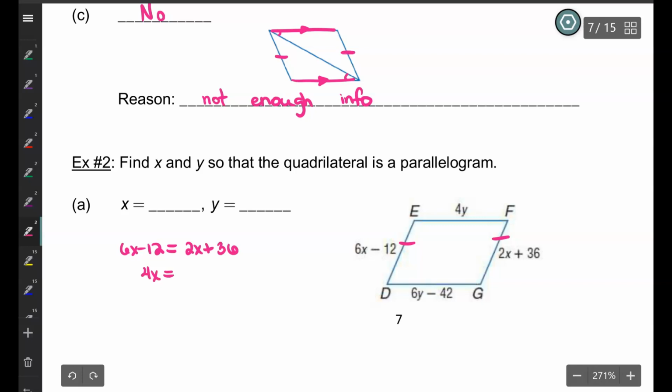Again, you can always pause it and see if you get the same answers as me for practice. I get x equals 12. And then for the other two sides, I know 6y minus 42 is the same as 4y. And so I get y is 21.